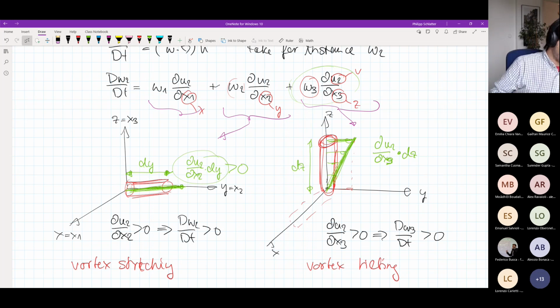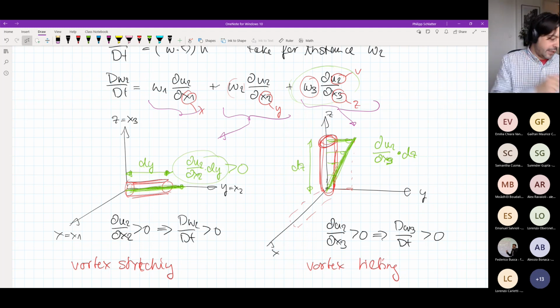You probably should take a minute and try to understand these sketches that I made here to fully grasp the concept of what stretching means. If you have the velocity oriented in such a way that you would make a vortex line longer, in that case you would get vortex stretching.